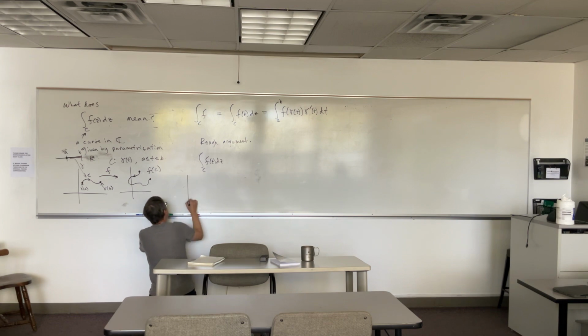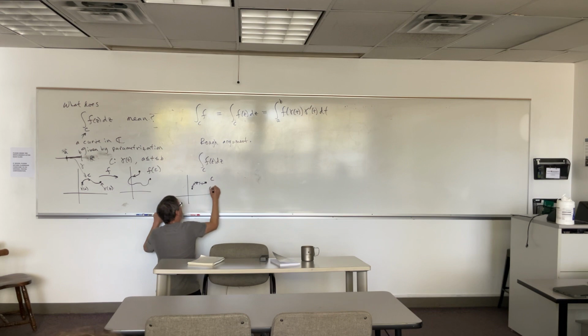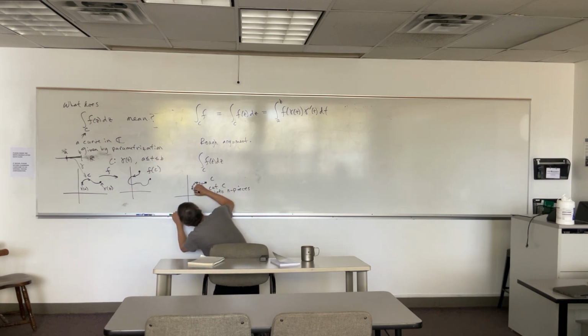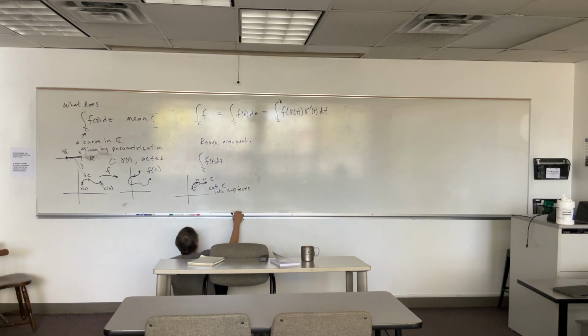So the first thing I'm going to do is take that curve c, let me try to replicate it again, and cut it up into n pieces. So let's cut c into n pieces, and they don't have to be equal. That's fine. We'll call this gamma 0, gamma 1, gamma 2, gamma 3, on up to gamma sub n. So the partition looks like this.